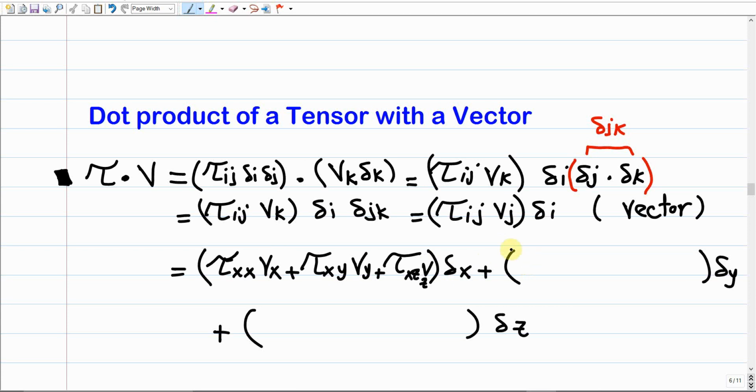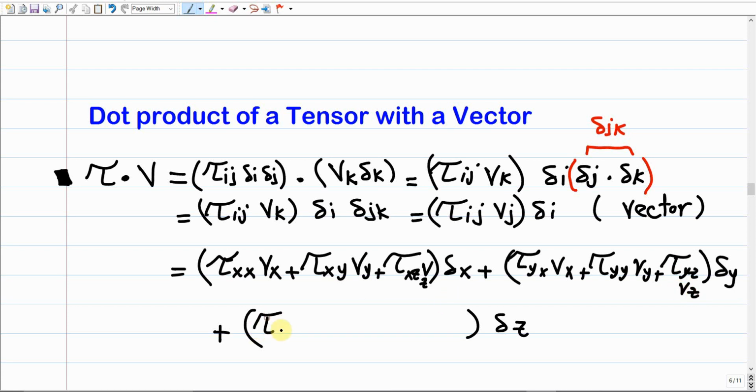How about the second term? Now I'm gonna repeat the same, but the only difference is that the first index in the tau should be y instead of x. So you're gonna have here tau_yx v_x plus tau_yy v_y plus tau_yz v_z. How about the z component?